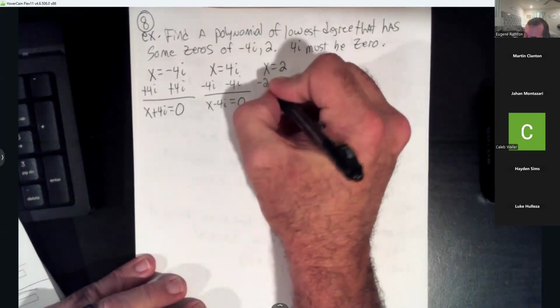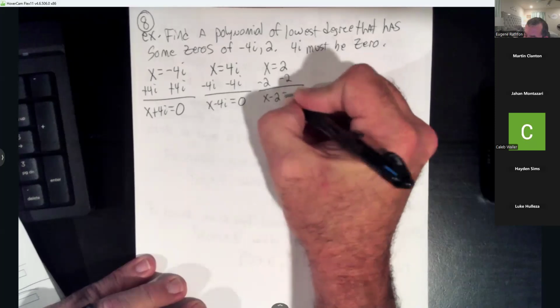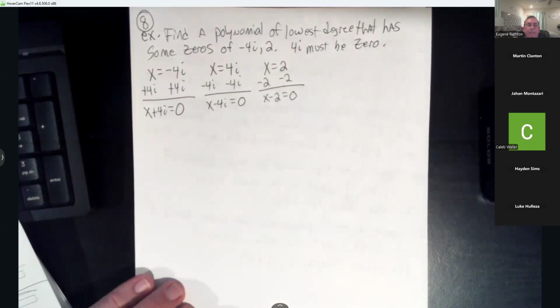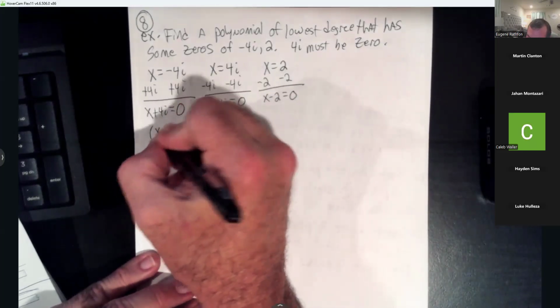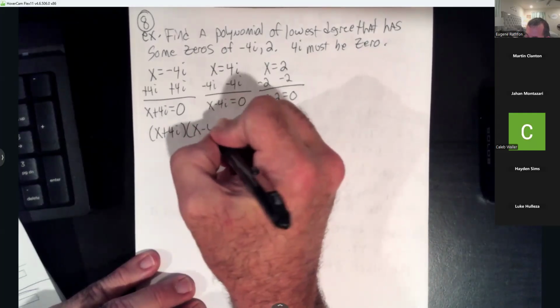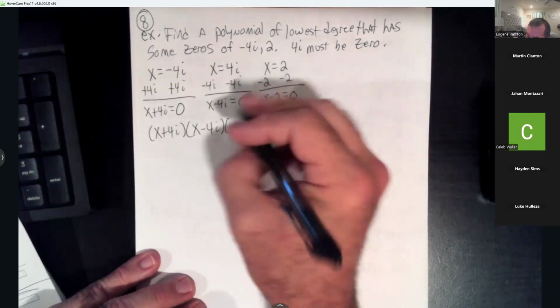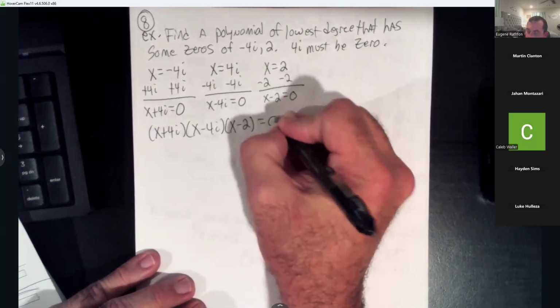And the last one, I'm going to subtract 2, and I get x minus 2 equals 0. All right, I'm going to put them all in parentheses, all equal to 0.